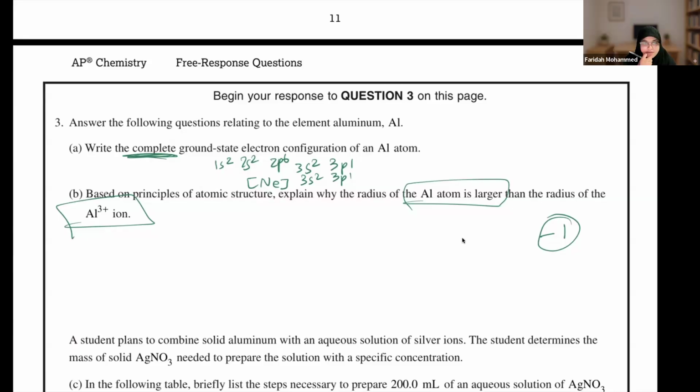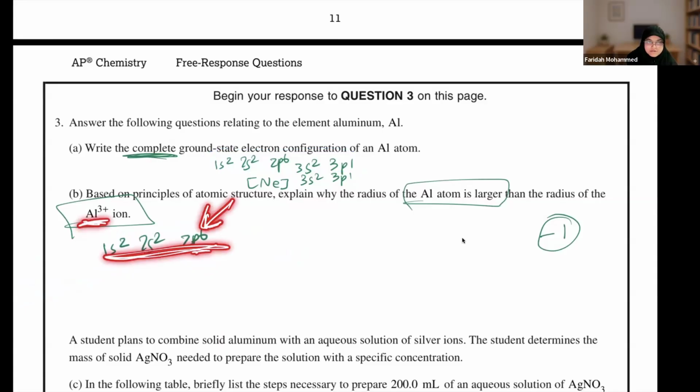Okay, so whenever they talk about ions, to be safe, make sure to write the configuration. If you do the configuration of Al3 plus, what are you going to get? You're going to remove both of these. So basically, Al3 plus is on the second shell.